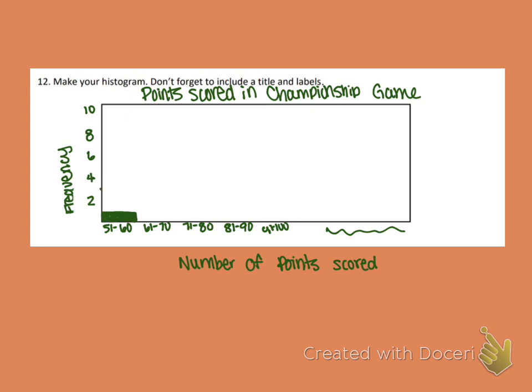I'm going to go up in between the 2 and the 4 and go again in between the numbers. Again, on a histogram, your intervals touch, and they should be the same width. You're going to finish this chart on your own and answer the rest of the questions on the paper.